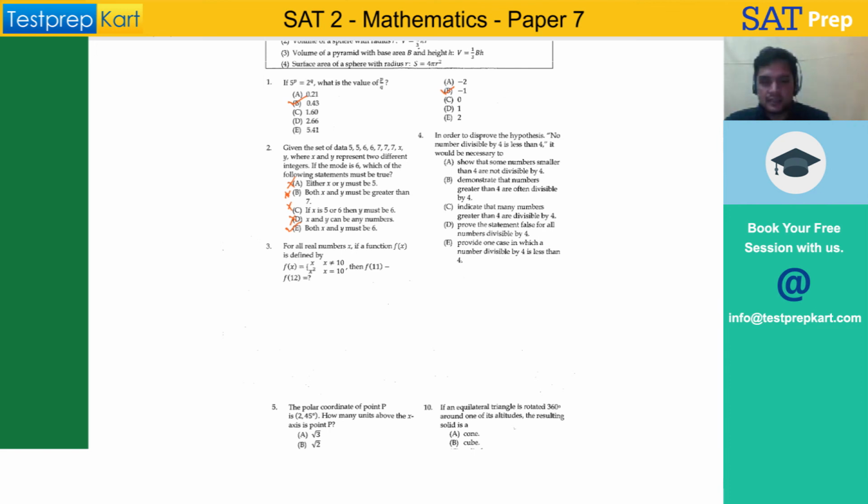Demonstrate that numbers greater than 4 are often divisible by 4? No, this is not correct. Indicate that many numbers greater than 4 are divisible by 4? This is also not correct because the question says no number divisible by 4 is less than 4. So we have no need to even think about greater than 4.